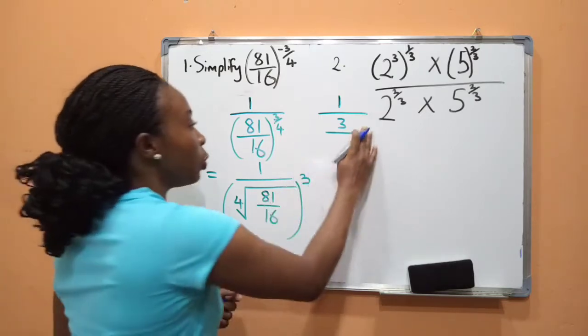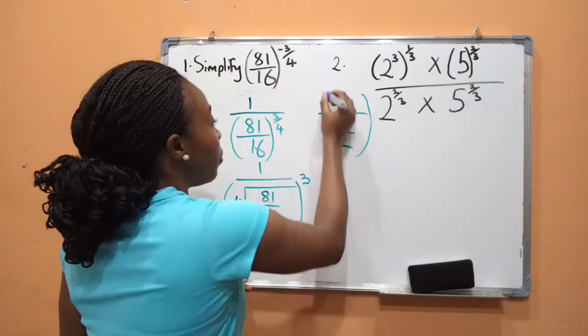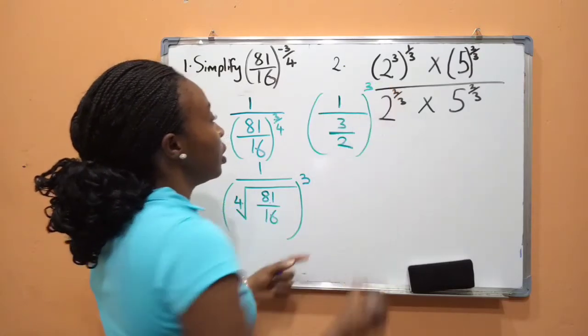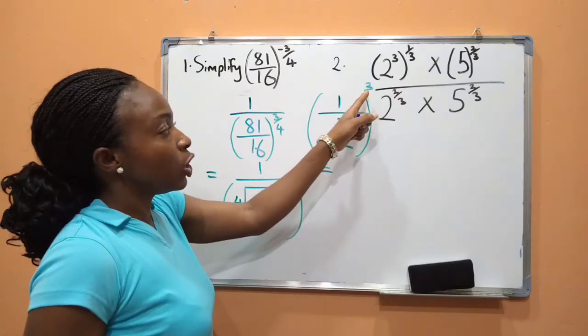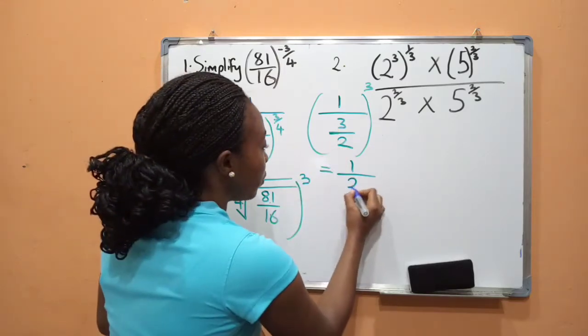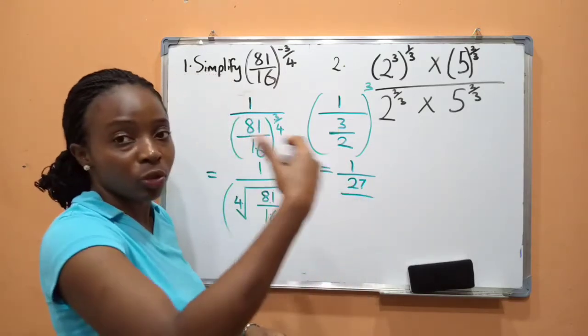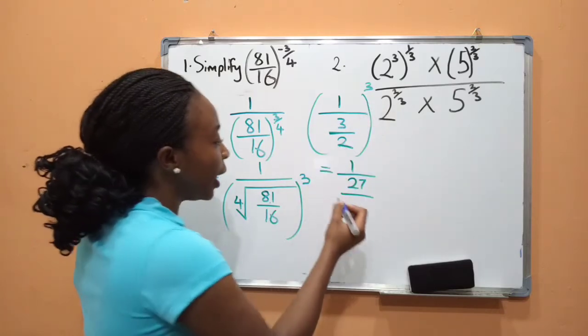It is 2. So we are going to have 3 over 2 raised to the power of 3. Now we need to find its cube. The cube of 3 is 27, that's 3 times 3 times 3, and the cube of 2 is 8.